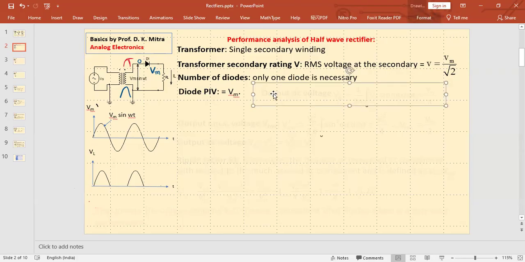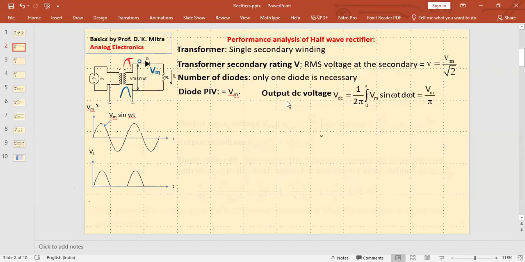Then comes the output DC voltage. Output DC is the half-wave DC waveform you see. If you want to find the average of it, what you have to do? You have to integrate this sine curve over pi and then divide the result by 2 pi, because during pi to 2 pi, it does not conduct at all.